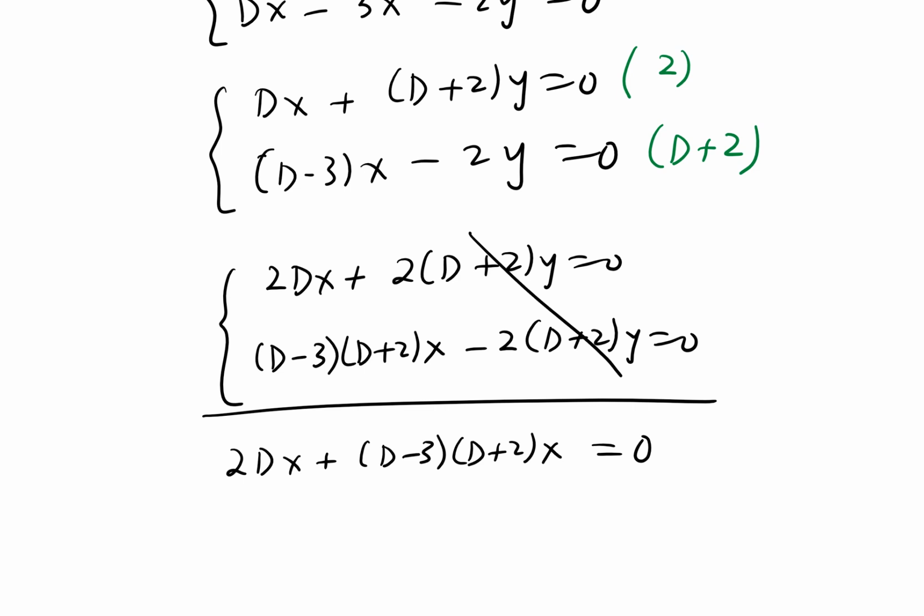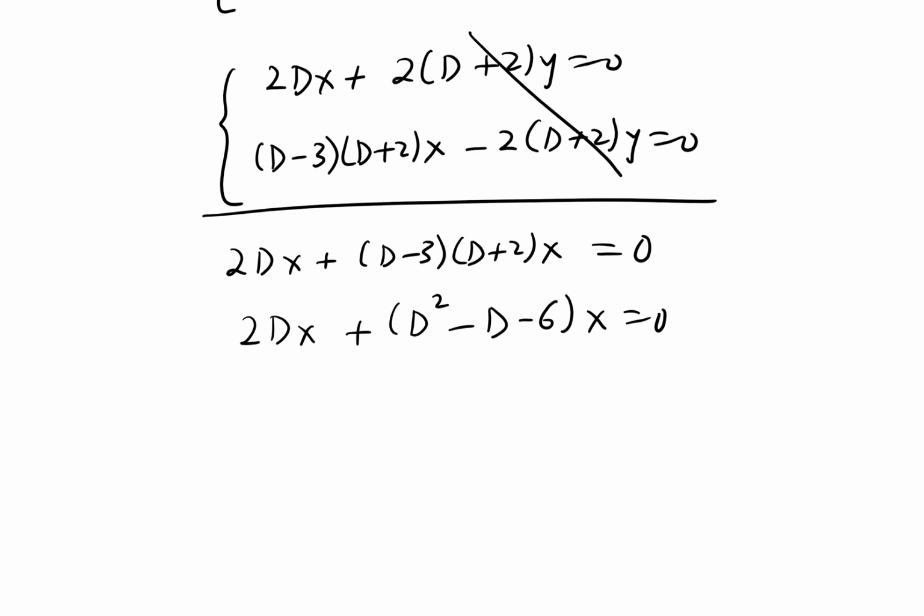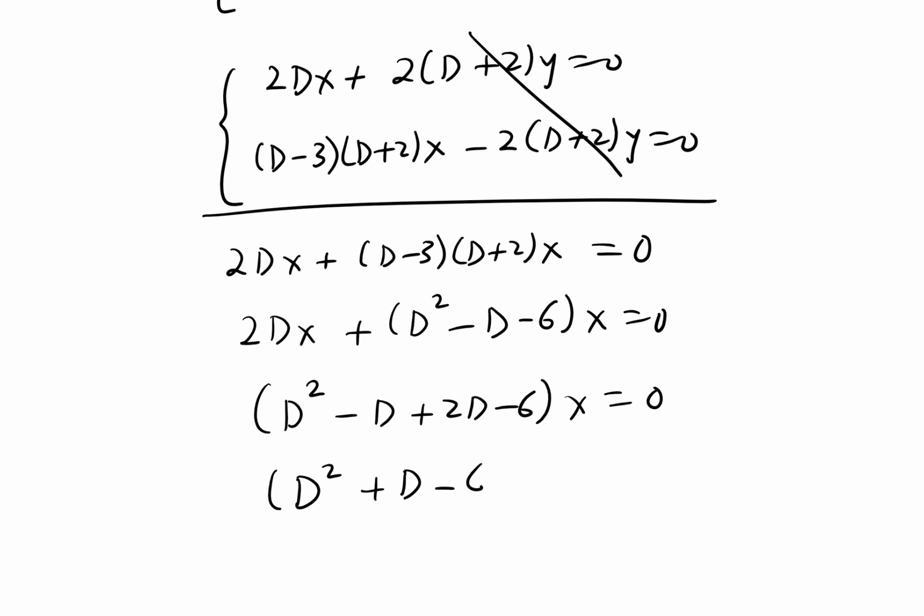How do we work this out? 2Dx plus, multiplying this out, (D squared minus D minus 6)x equals 0. Next, we can rewrite this as (D squared plus D minus 6)x equals 0. This can be factored as (D plus 3)(D minus 2).